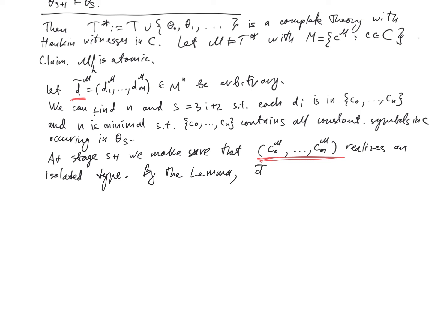So by the lemma, d bar also realizes an isolated type. And since d bar was an arbitrary tuple in the model M, we have proved that types of all tuples in M are isolated, which means that M is atomic, and concludes the proof of the theorem.